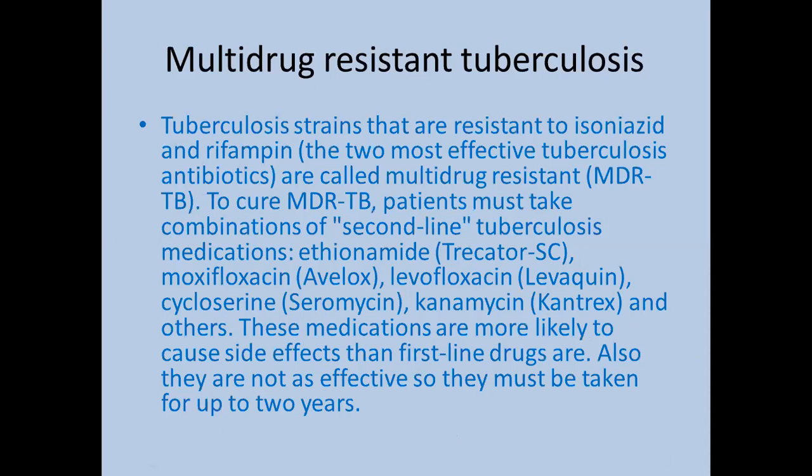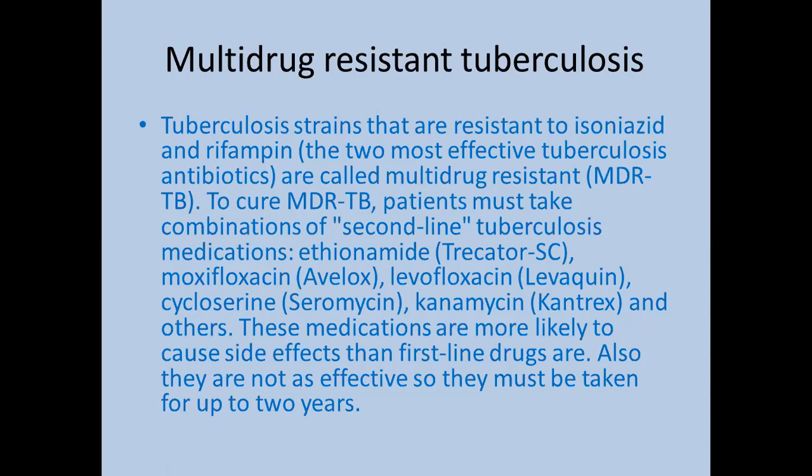Now, there are such things as tuberculosis strains that are resistant to certain of the drugs. And these are referred to as multidrug resistant tuberculosis bacteria. Now, if a person is infected with multidrug resistant tuberculosis and they infect another person, then the person who has just become infected has also got multidrug resistant tuberculosis.